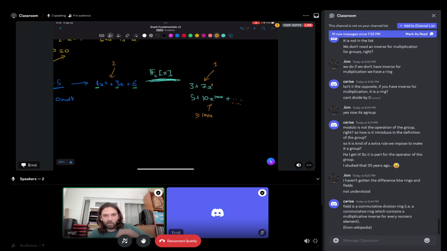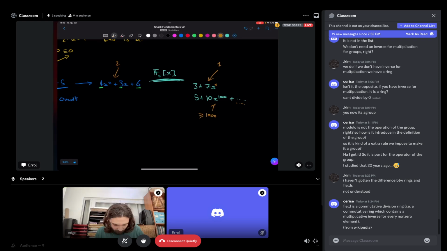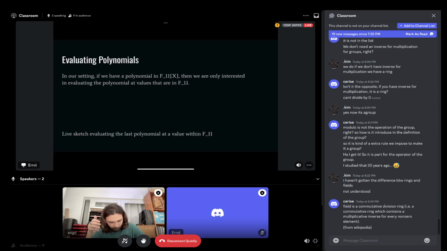So polynomials do a lot of things, which is why we want the coefficients to be from fields, because then we know they'll have certain useful properties. When we evaluate the polynomial, the number we get out will also be in the field. Everything we're doing isn't with normal numbers, it's with field elements.